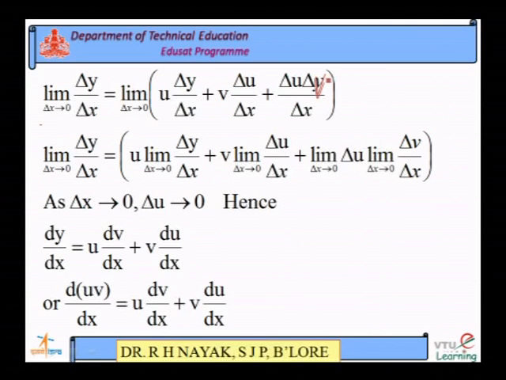Use the limit concept. u is constant, so we have taken it outside. This is also v, not u. So u into dv by dx plus v into limit.